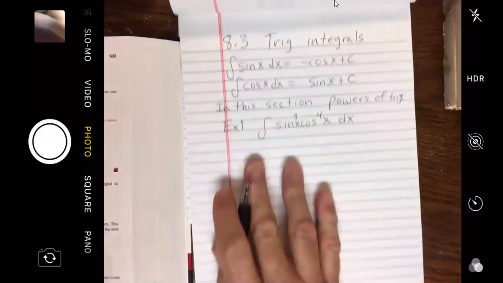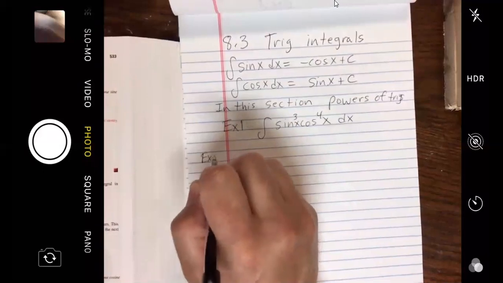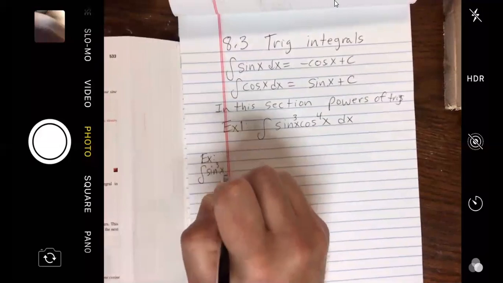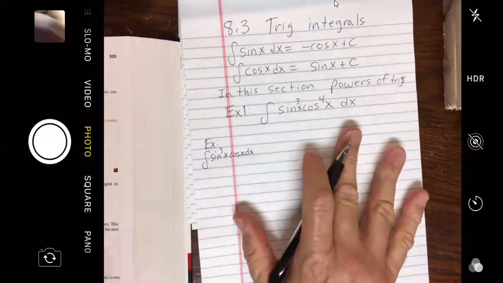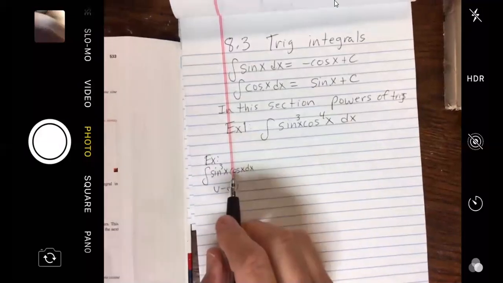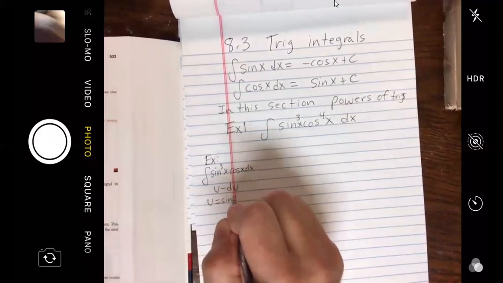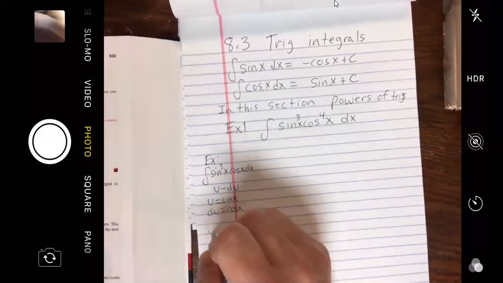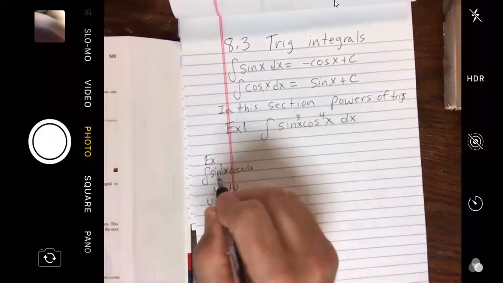Let me just point something out because they will do this to you. Just for an example, what if it was integral sine cubed and a straight cosine? This is a u du. Okay, make your u sine, du is cosine, and you have an integral of u cubed du. That's cosine x dx.